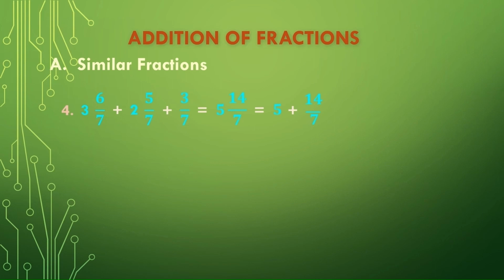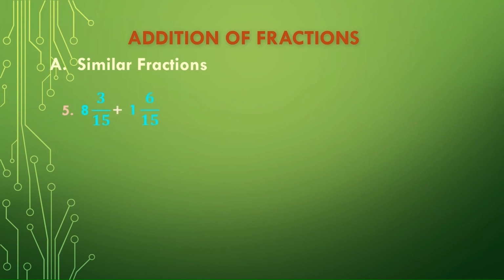To simplify 14/7, which is an improper fraction, let's divide the numerator 14 by the denominator 7. Let's copy the equal sign, the whole number, and a plus sign. Equals 5 plus 14 divided by 7 is equal to 2. Let's write 2. 5 plus 2 is equal to 7. Our final answer is 7.